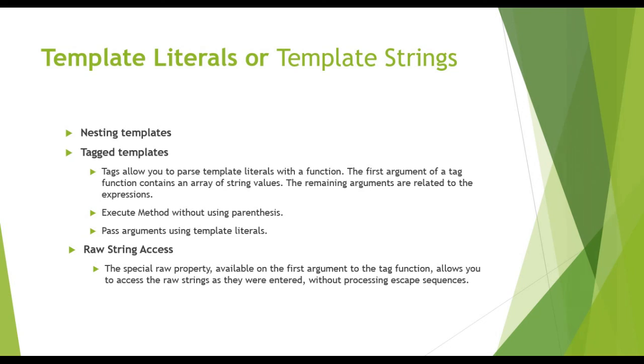Raw string access, the special raw property that is available on the first argument of the tag function. Okay, so the first argument of the tag function, you can access it as a raw string, means you can escape the new line character or tab character or some other special character, that is escaping characters, like backslash s or backslash and something like this.